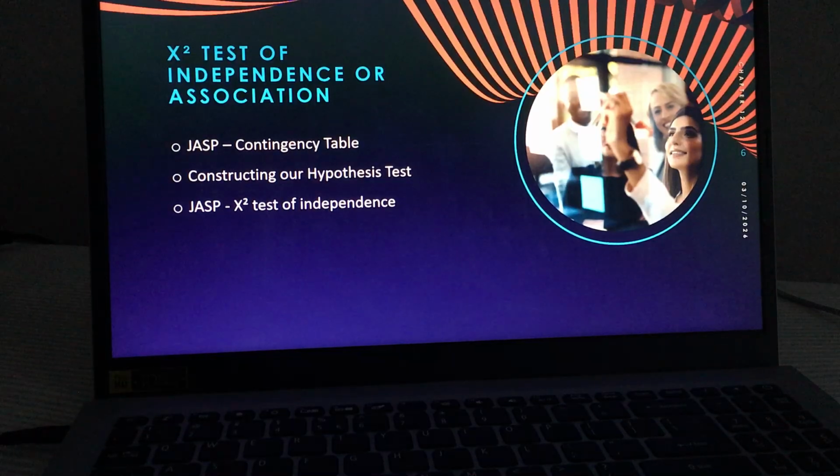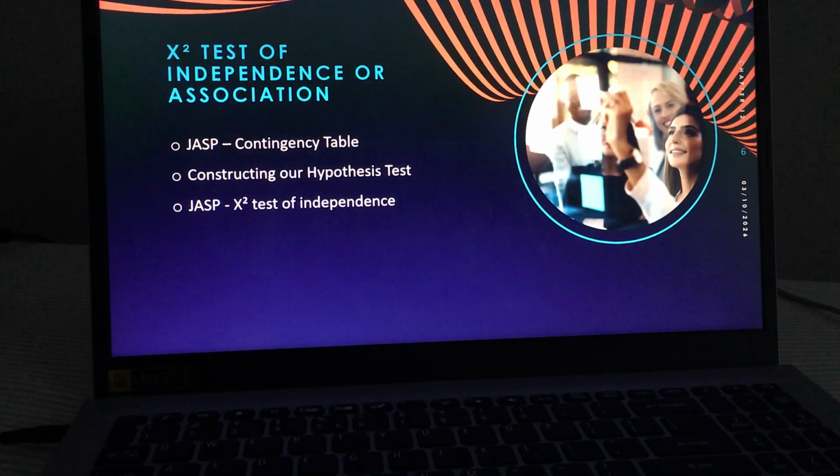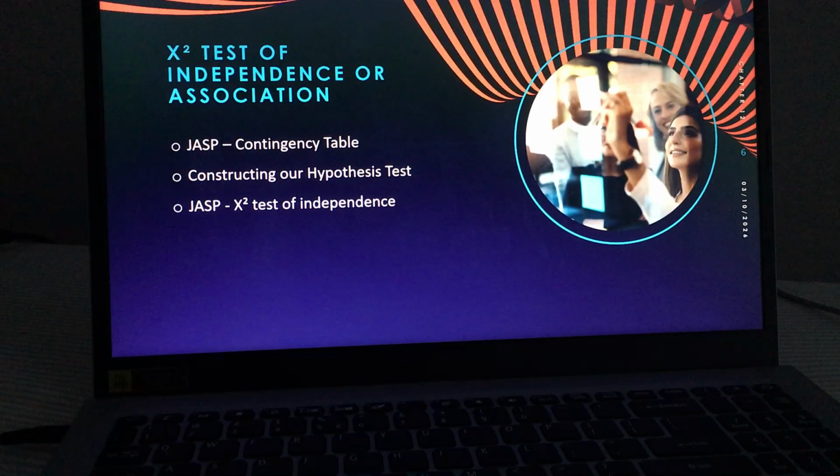So we're on page 14. Now that we know how the test works, we're going to take a look at the software. To remind everybody, we just recently did the goodness of fit test in the last section.